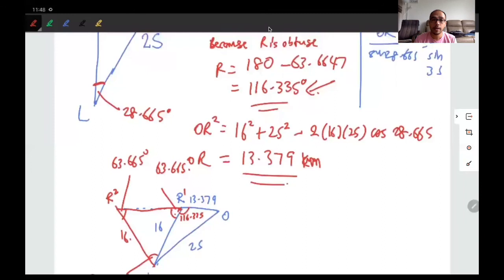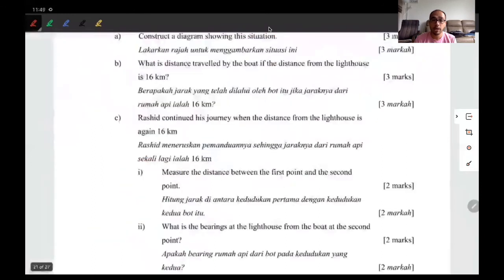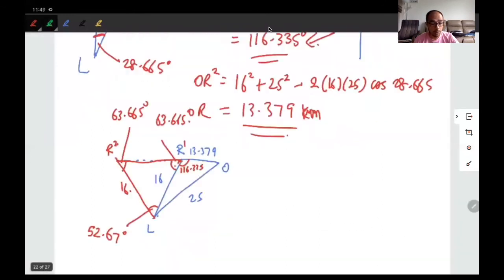All right. So measure the distance. How do I know this distance? Either one you can use. You can use sine or cos, but I will probably use sine. I'm going to call this R2.